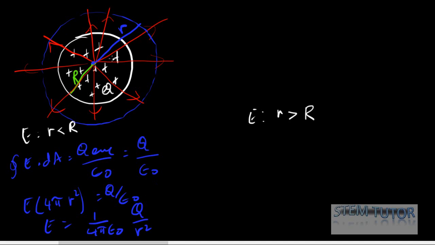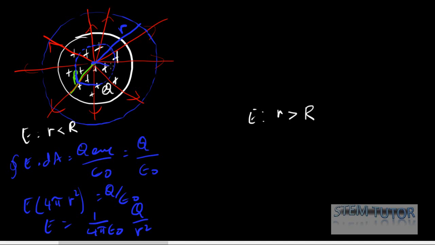That's the same as for the case of the spherical conductor, or a point charge. But what if you're inside the sphere? If you're inside the sphere, you draw your Gaussian surface like this. Now you're only enclosing this charge. You're not enclosing the charge that is outside your Gaussian surface.